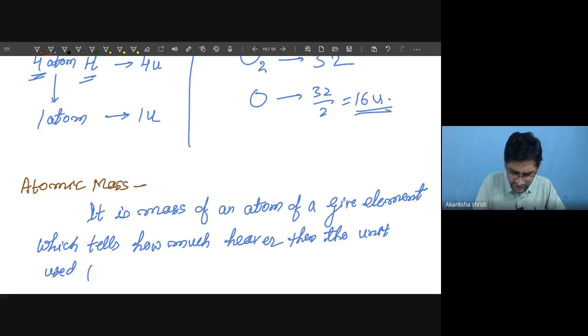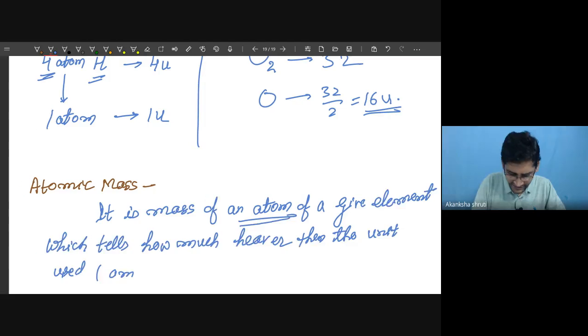So the unit used was AMU, for 1 atom if we are considering.